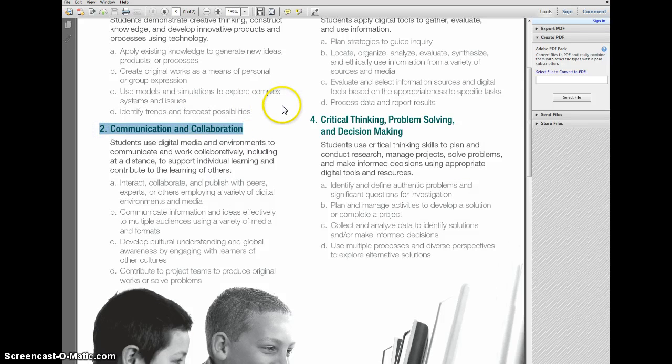Standard 2, communication and collaboration, is a set of standards that align pretty closely to what most people do all day, every day now, and that is in some way, shape, or form interact with others.